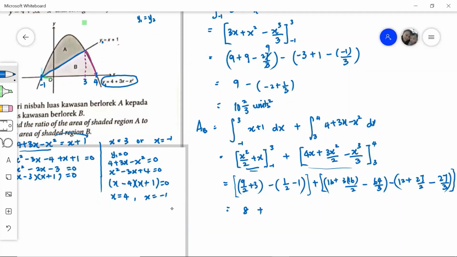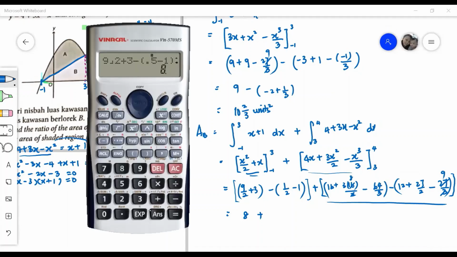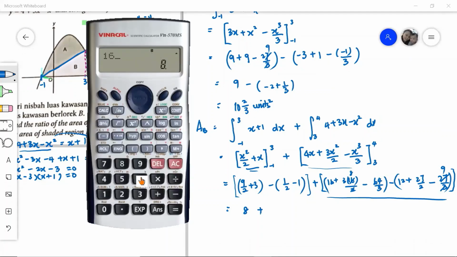Now the second part here, let's simplify it first. We shall take 16 plus 24, 3 times 8 is 24, and then minus 64 over 3. That gives us 18 and 2/3.